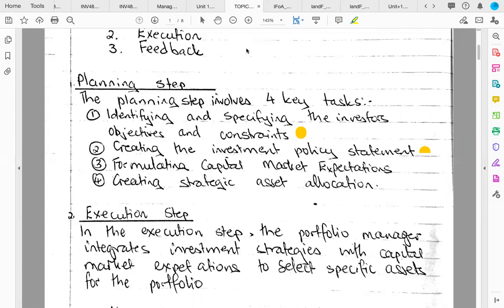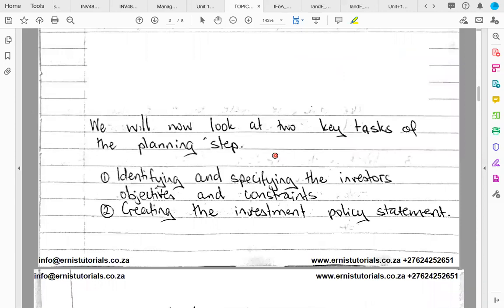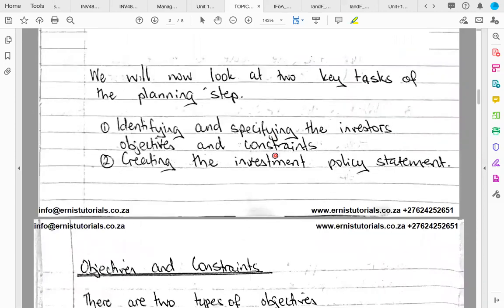So it's a common question to come in assignments and in exams. You need to be comfortable with identifying and specifying an investor's objectives and constraints, as well as the idea behind the investment policy statement. The investment policy statement is just a document that summarizes what the investor's objectives are, what their constraints are, the strategies we're going to try to use to achieve those objectives given the constraints and so forth.